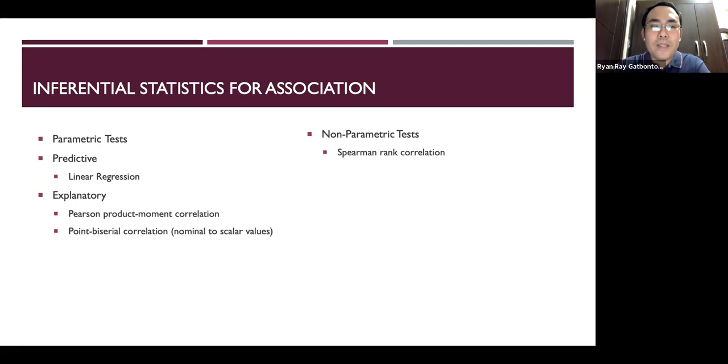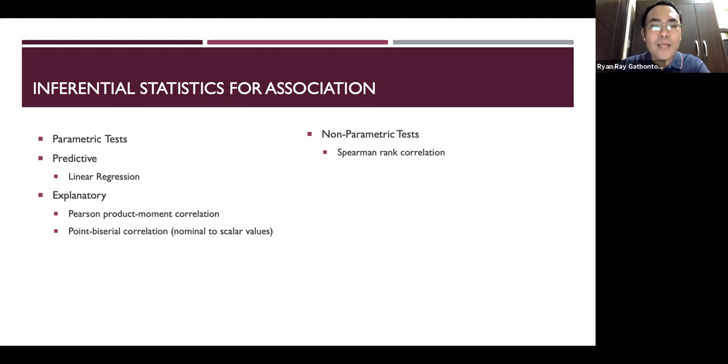If it's predictive, we can use linear regression. We use linear regression if our question is to predict a certain outcome based on the data that trends in your chart.